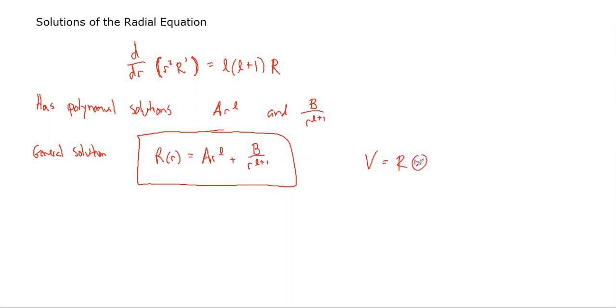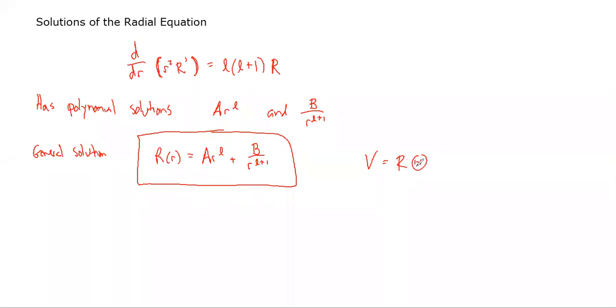This is the radial part. If I have a point charge, should I have A terms or B terms or both? Point charge would be B terms. Right, because you want to blow up at the origin. Exactly, you want to blow up at the origin and you want to go to 0 at infinity.